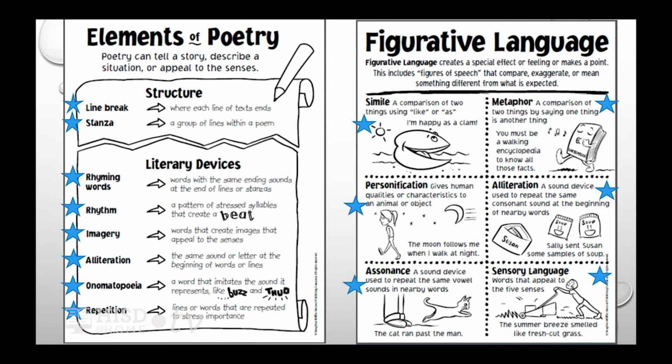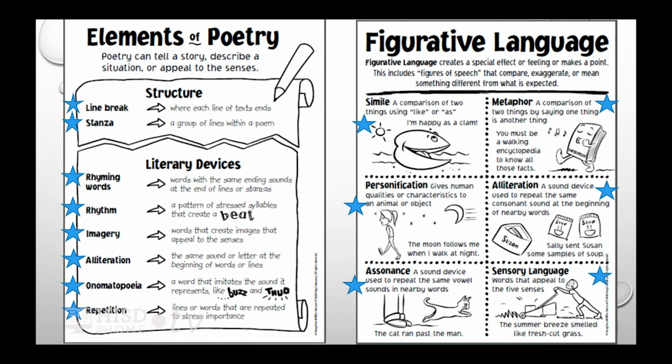The other anchor chart that we gave for you is figurative language, and this is really fun to use. Figurative language creates a special effect or feeling or makes a point. This includes figures of speech that compare, exaggerate, or mean something different from what is expected.